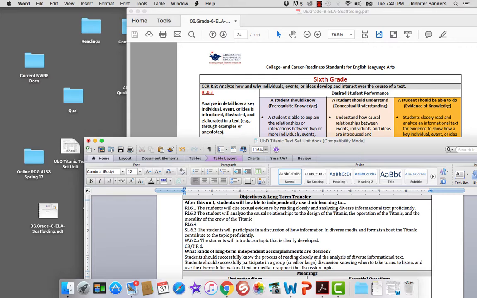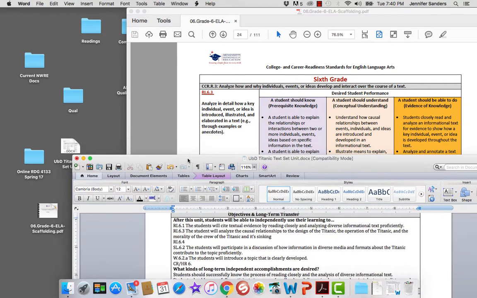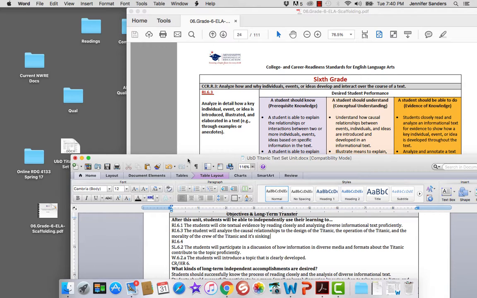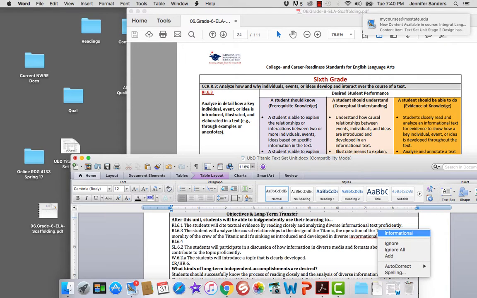And I can kind of make this less wordy. And its sinking as introduced and developed in diverse informational text.